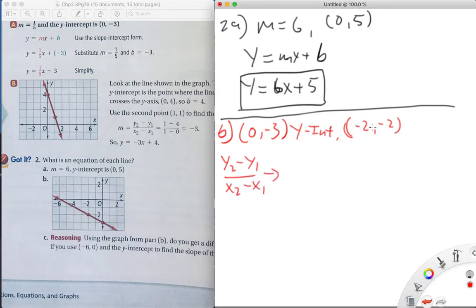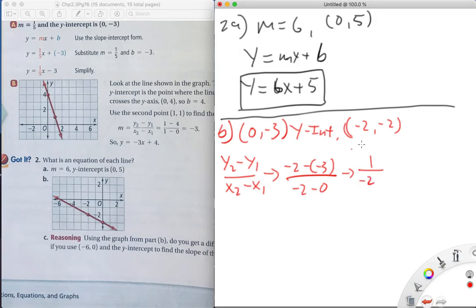Let's call these my 2's and these my 1's. So this is -2 minus -3, and this is -2 minus 0. So this is -2 plus 3, which is +1. -2 minus 0 is -2.